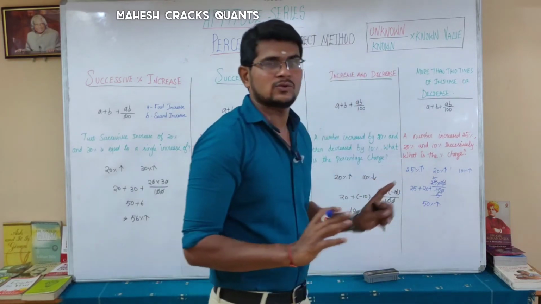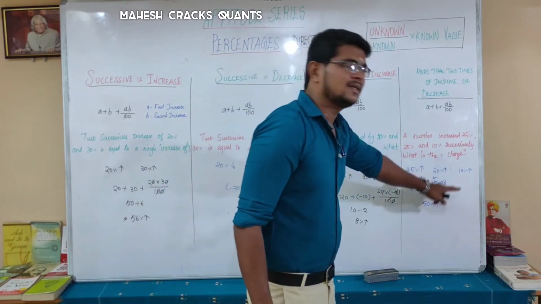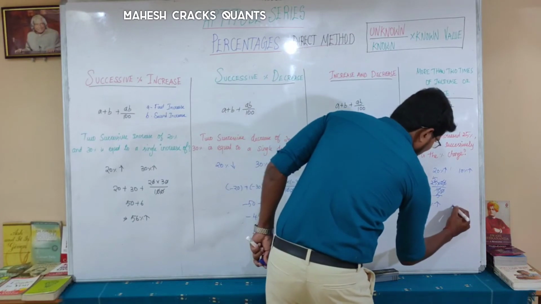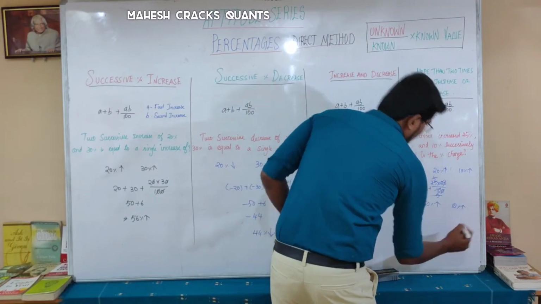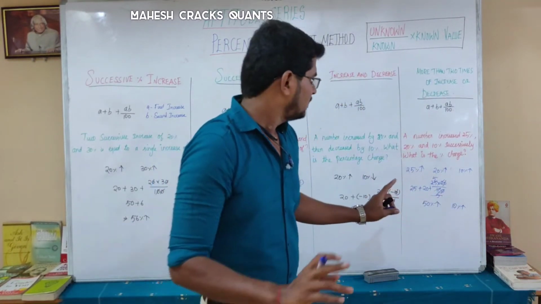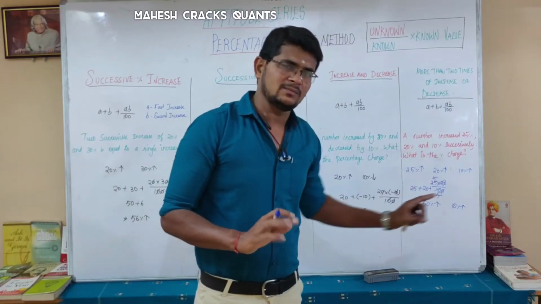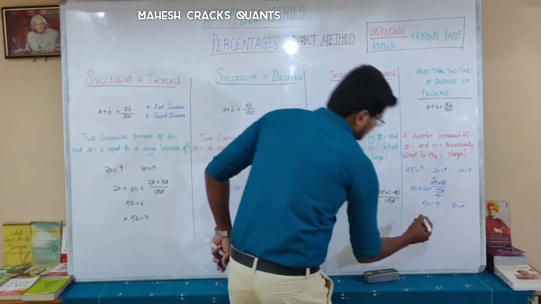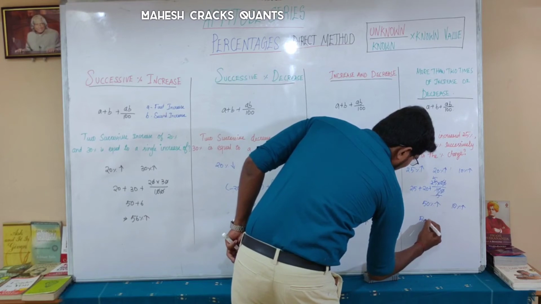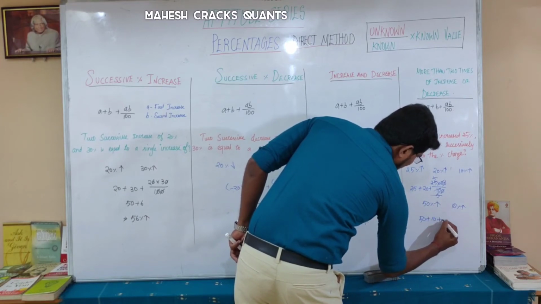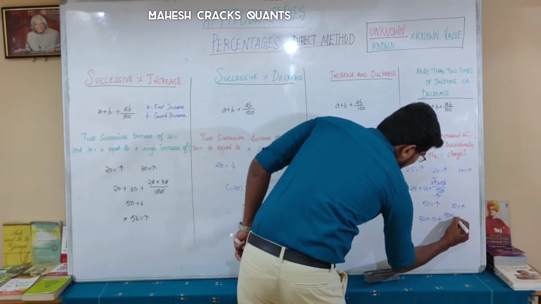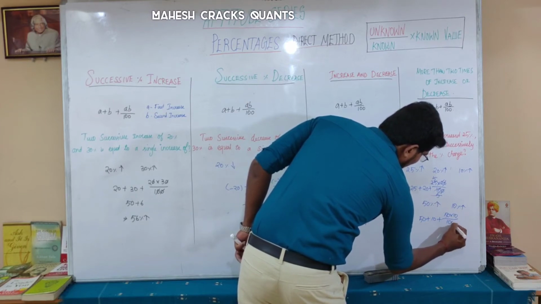So I have solved two values. Then take this value and the 10% here. So now you have A and B. 50% is A, 10% is B. What will be the answer? 50 plus 10 plus 50 into 10 divided by 100.